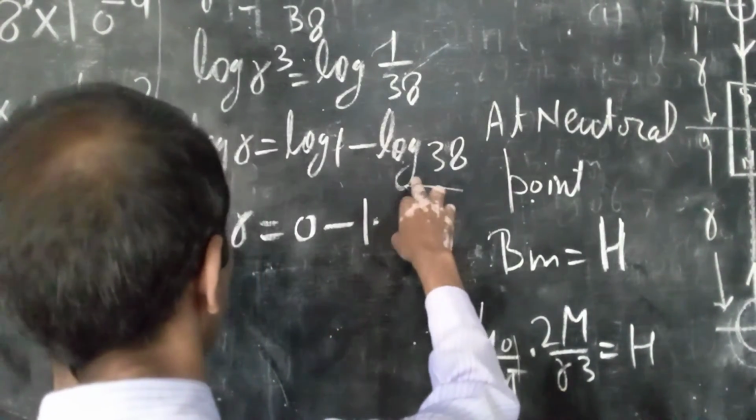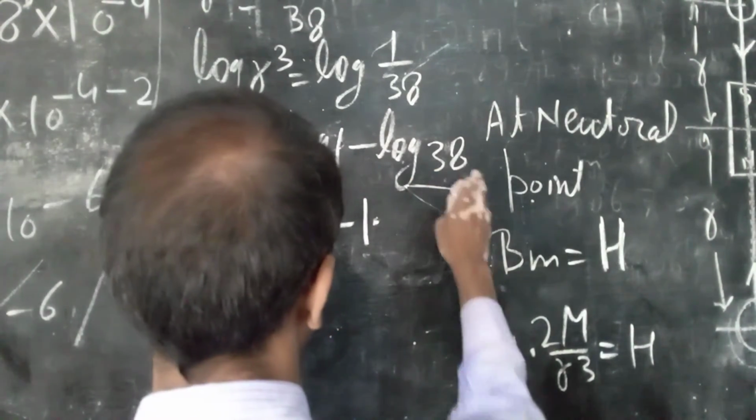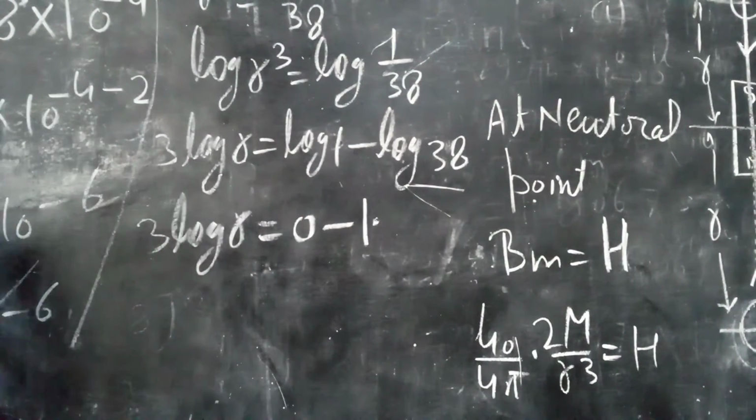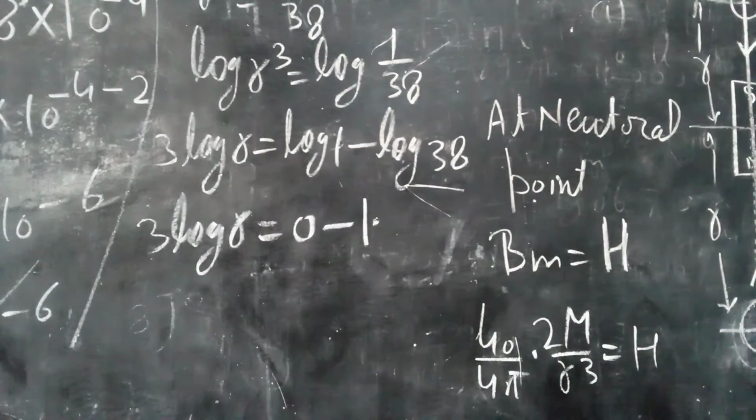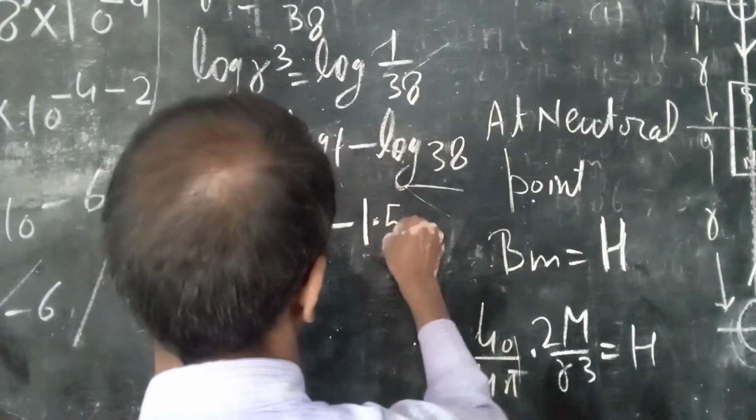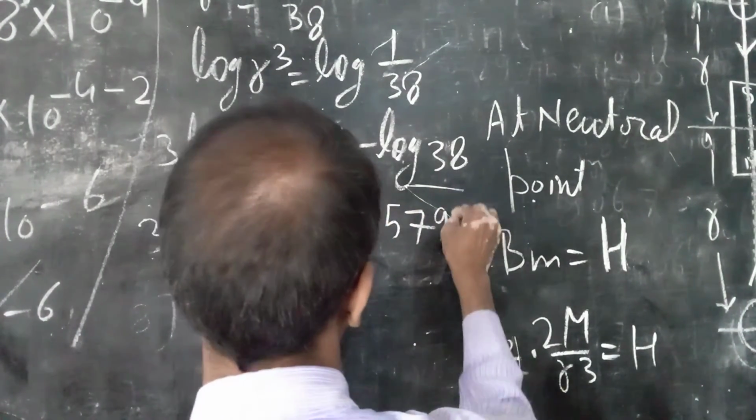So see the log table, 38 row, 0 column. 5 7 9 8.